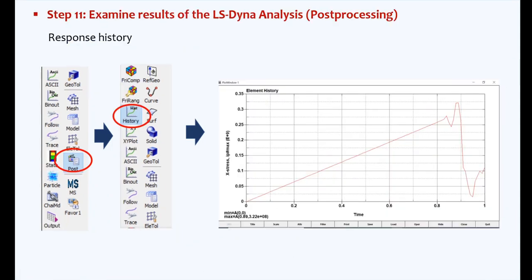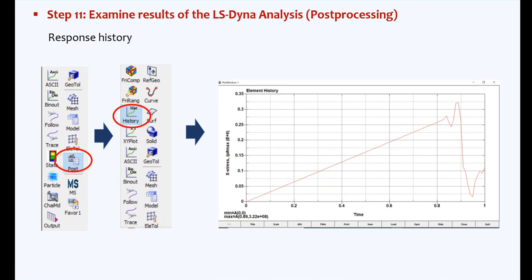And next is examining the results of the LS-DYNA analysis, the post-processed results. We can obtain the response history using post-processing. For that, again, you go to the post-processing icon, click on Post, and from the list of subtools, click on History Variables.